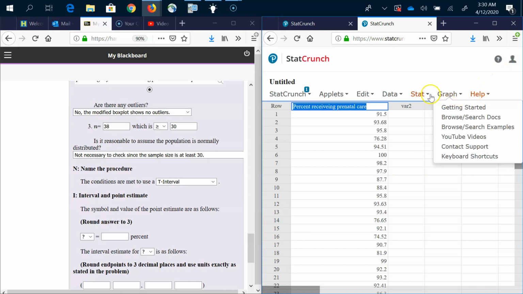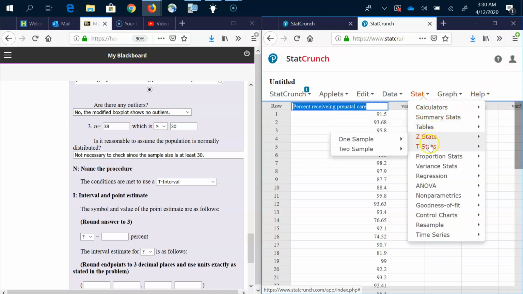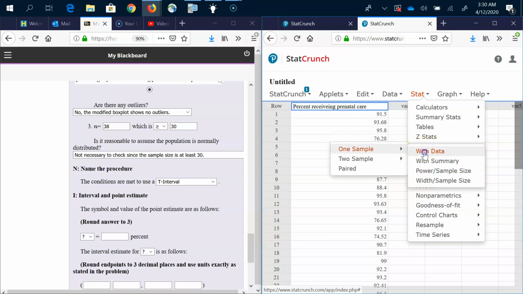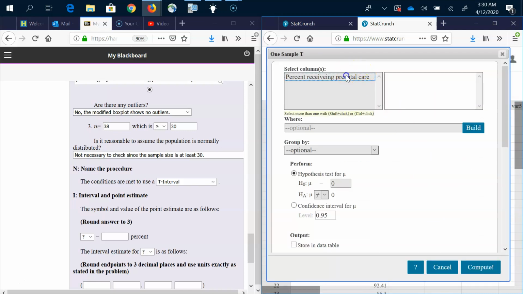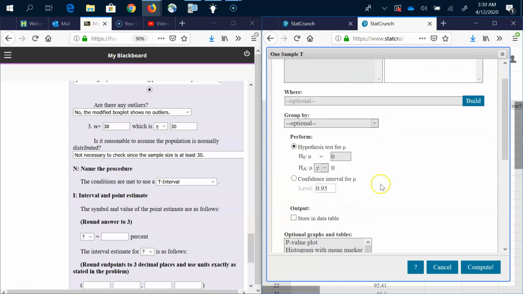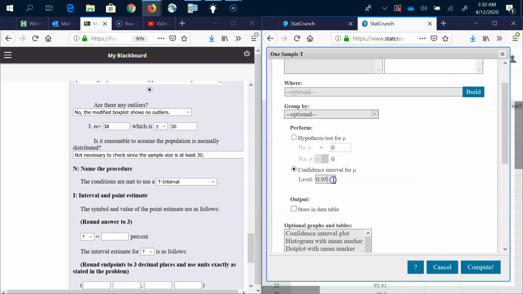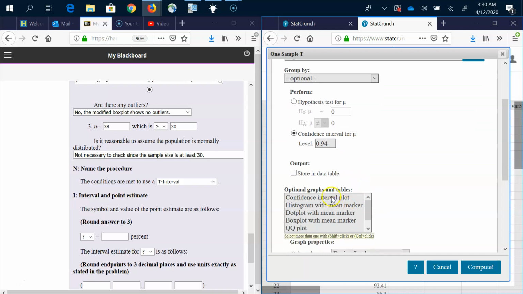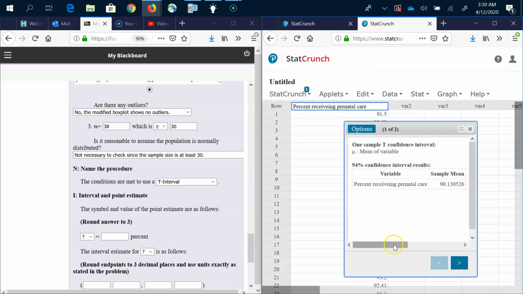Now I'm going to go to Stat, go back to T statistics, 1 sample with data. Select that column, and we want a 94% confidence interval. And now we're just going to click on give us the graph of the confidence interval. I'll move this over here.